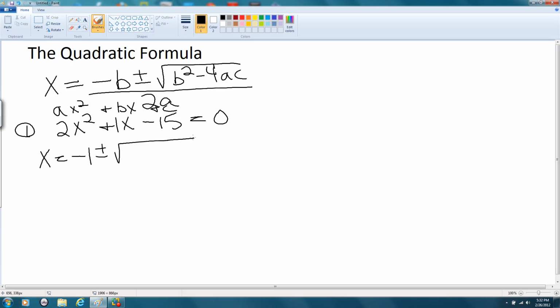Well, b squared is 1 squared minus 4. a is 2, and c is negative 15. And all of that is over 2a, and again, a is 2. So we're going to simplify this.